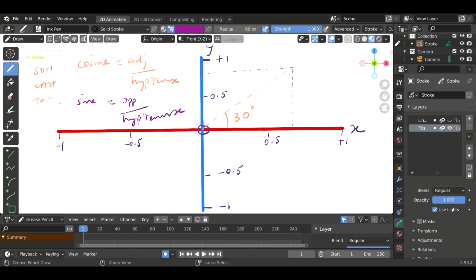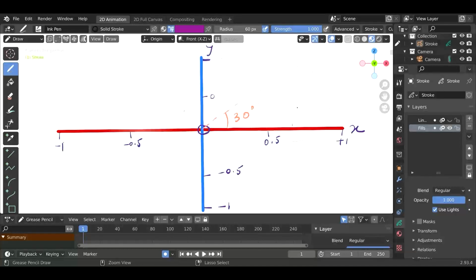I won't be using my calculator for that. If you have a calculator, just type it in to know what that is. Just know that your sine and cosine cannot exceed -1 and +1. It will always be within that range.